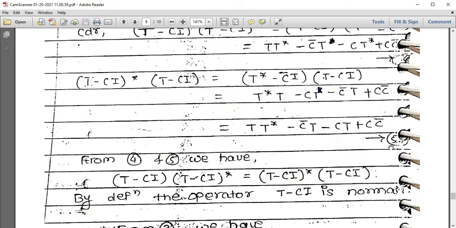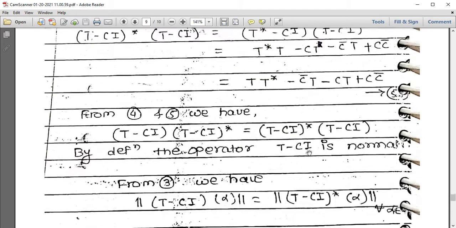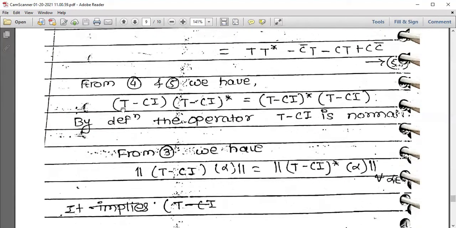Give it as equation number 5. So from equations 4 and 5, the right hand sides are equal, so the left hand sides must be equal. So (T minus cI) into (T minus cI) star is equal to (T minus cI) star into (T minus cI). Thus, by the definition of normal operator, T minus cI is normal.